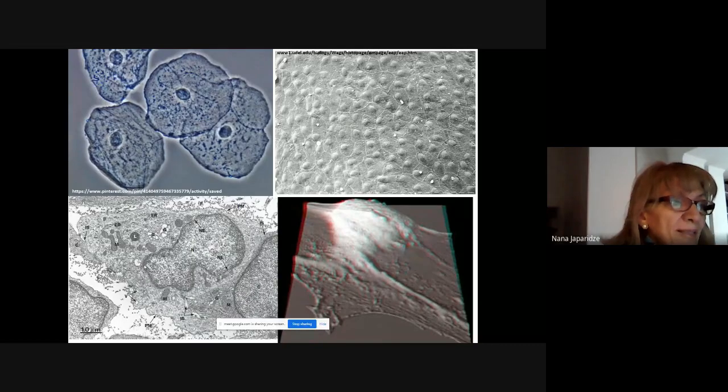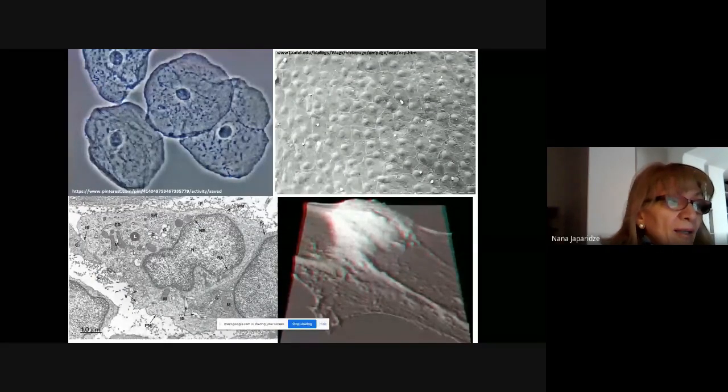Plus, you can see here profiles of mitochondria, profiles of lysosomes, and endoplasmic reticulum.